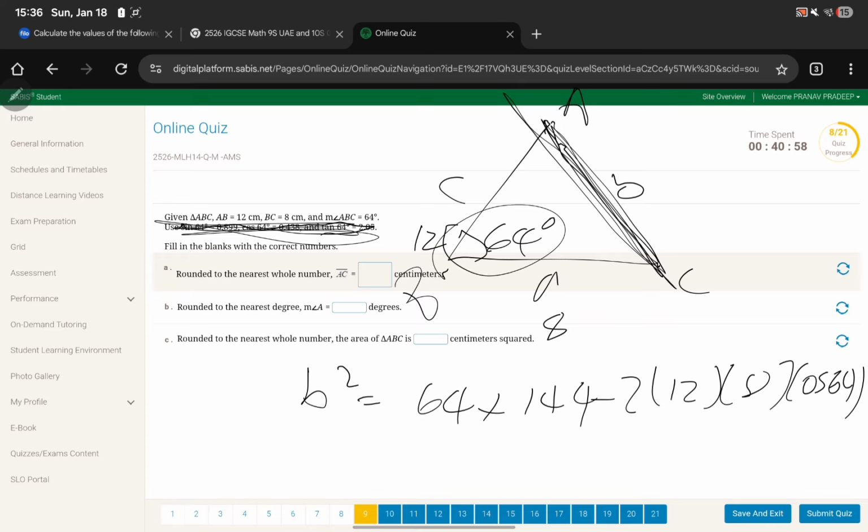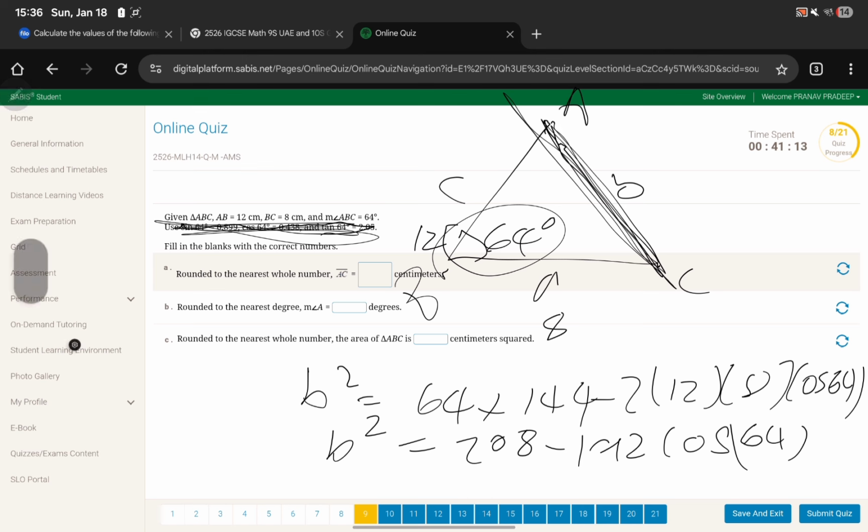I hope you're following because I'm going a bit faster. Now, if you just simplify, it's going to be b squared equals 208 minus 192 cos 64. So just do 192 times cos 64 on your calculator. You're gonna get 84.